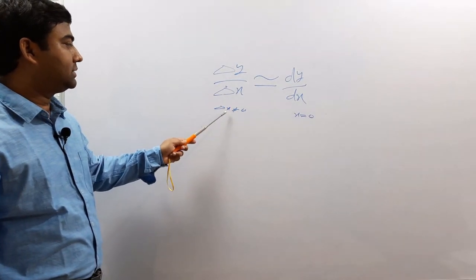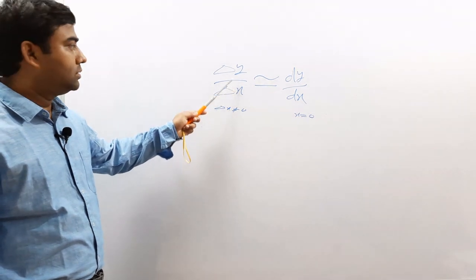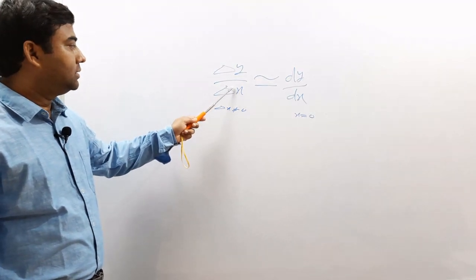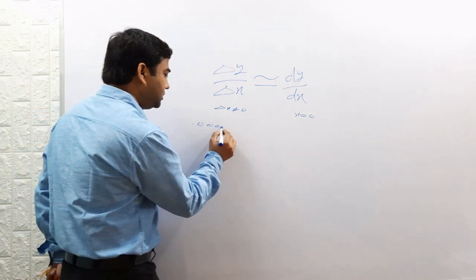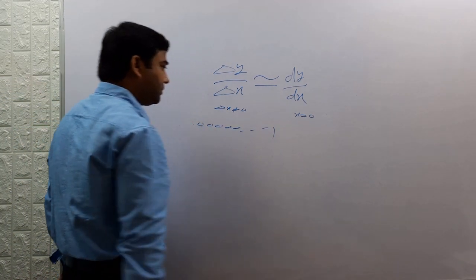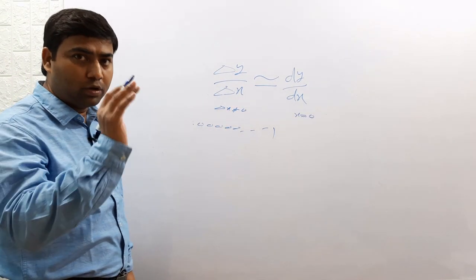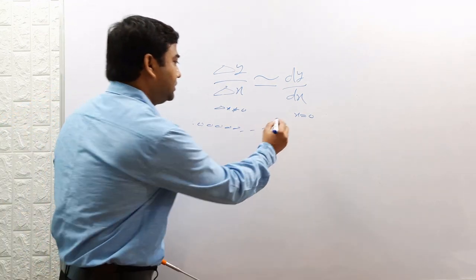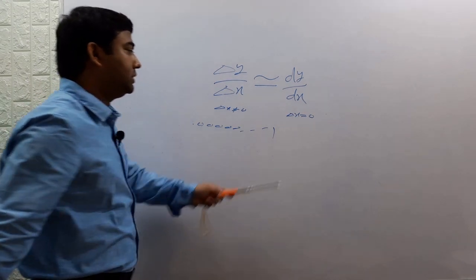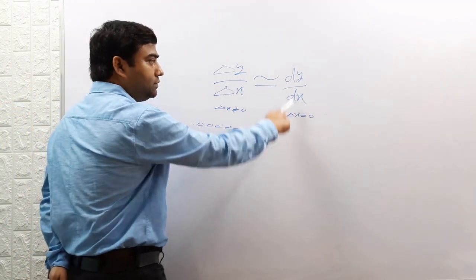Delta y over delta x, no matter how small they are, but delta x has a certain finite value, let's say 0.0000. But when we find dy over dx at a certain point, at that point delta x is 0. That is the definition of dy over dx.